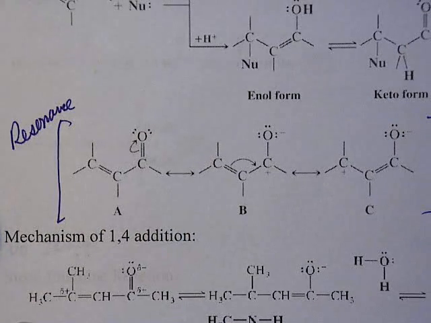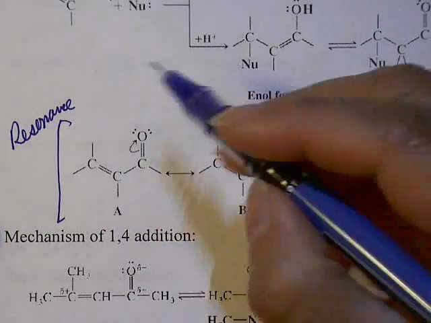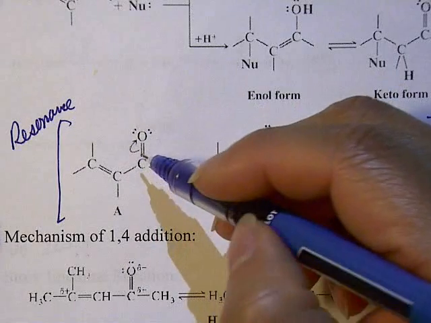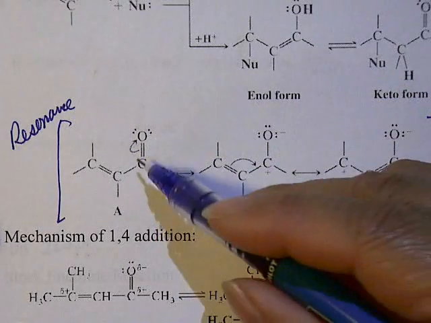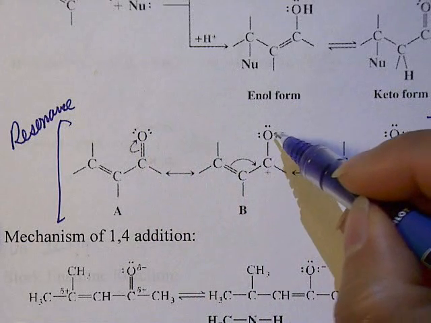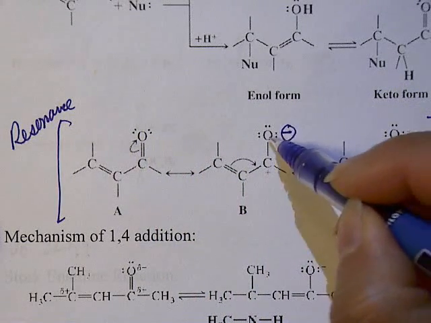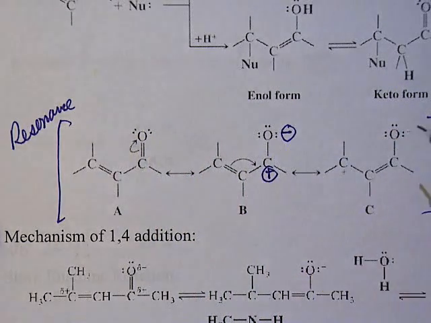One resonance structure puts the double bond on the oxygen, so you have a negative charge on the oxygen and a plus charge on the carbon.